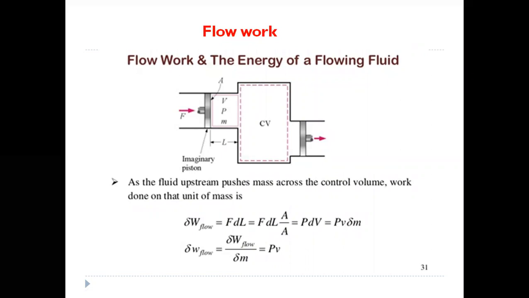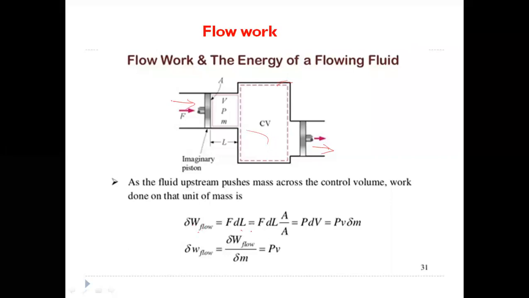Flow work means when water or any fluid flows in at the inlet and flows out at the outlet, we say that some amount of work is done on the system. This dotted line represents the control volume, that means the region upon which our analysis is done. In any case, work done is given by force into distance.